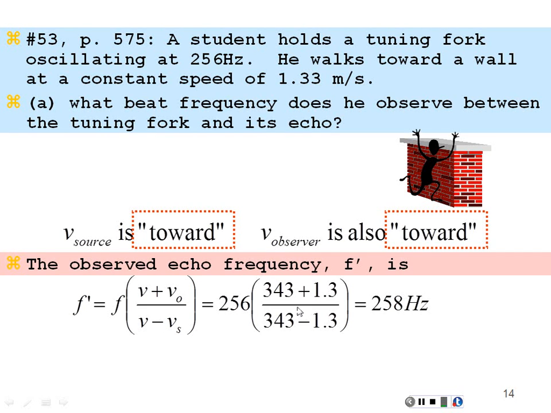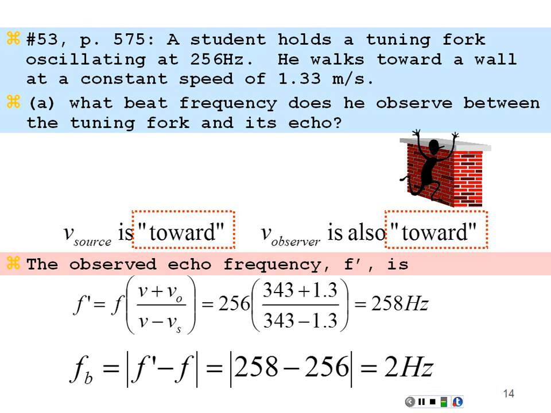So we're going to have 343 plus 1.3 over 343 minus 1.3, and that gives us 258 hertz for the reflected frequency. If this is compared with the actual frequency of the tuning fork, he will hear a beat frequency that's equal to the difference between those two frequencies. 258 minus 256, he will hear 2 hertz.